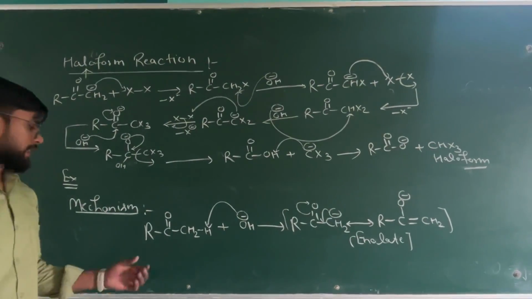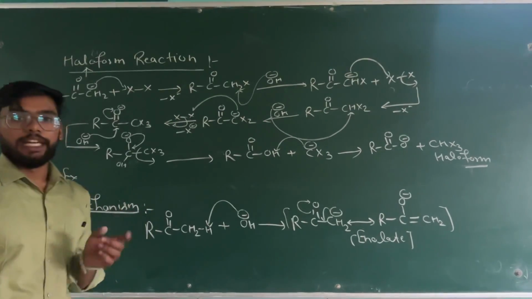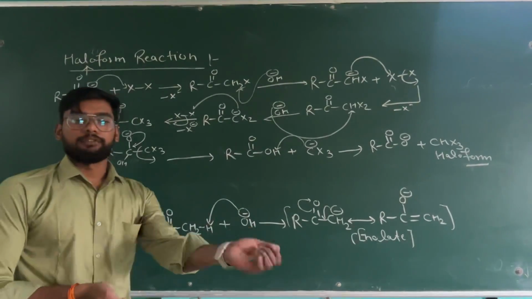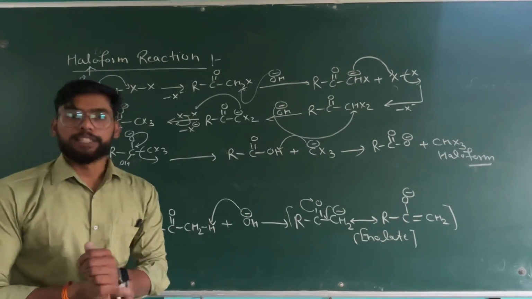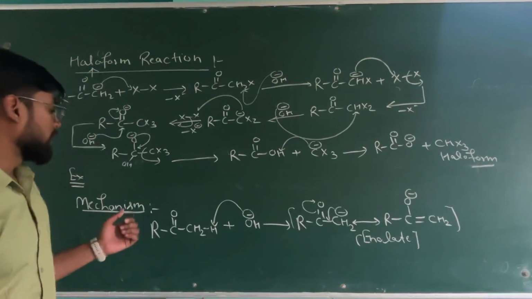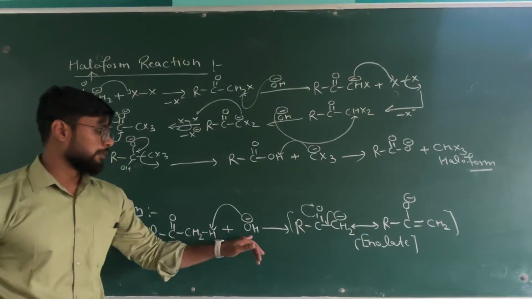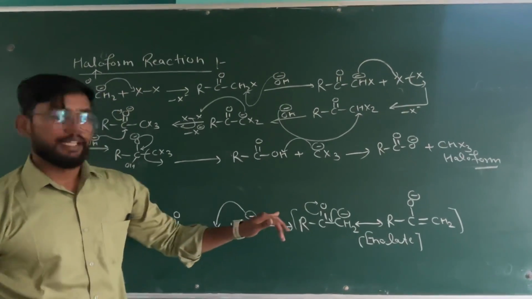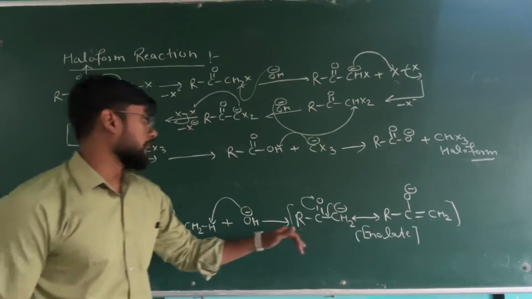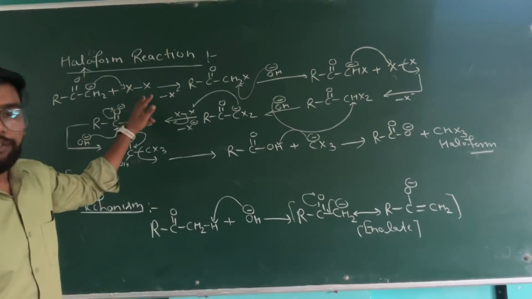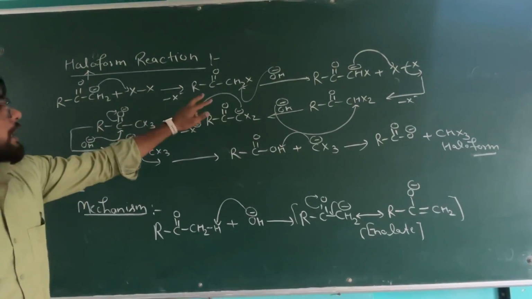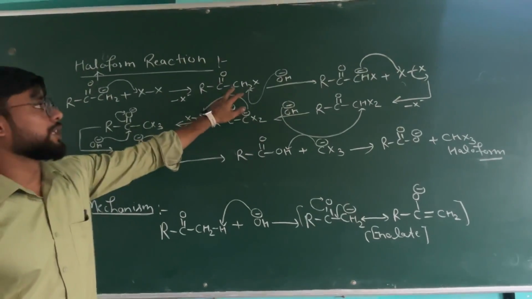So in this reaction we basically need a methyl keto group to react with a halogen in the presence of base. This is the general equation. And now, the mechanism: first the base accepts the proton, creating the negative charge, and this negative charge reacts with X2, removing X, and forms the compound RCOCH2X.